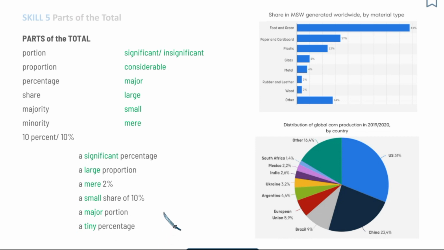So now on the screen you can see several variations, several options of combining these two sets of words. For example, we can say a significant percentage, a large proportion, a mere 2%, a small share of 10%, a major portion, or a tiny percentage.